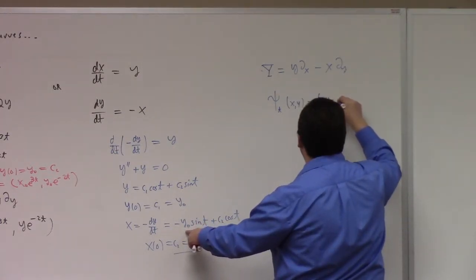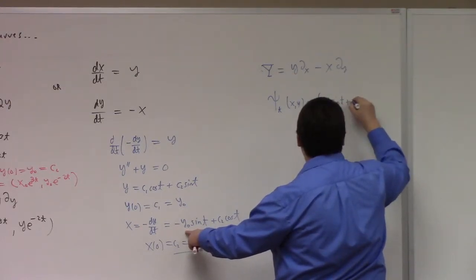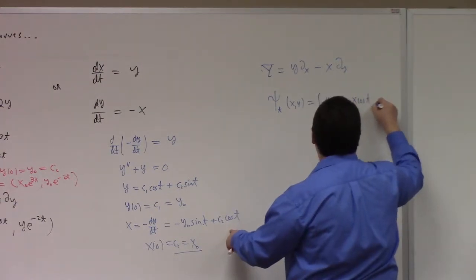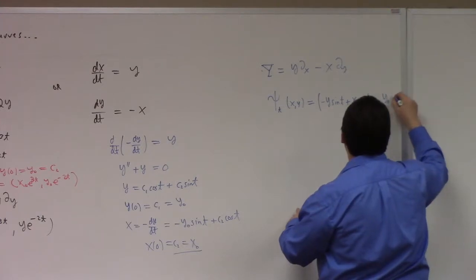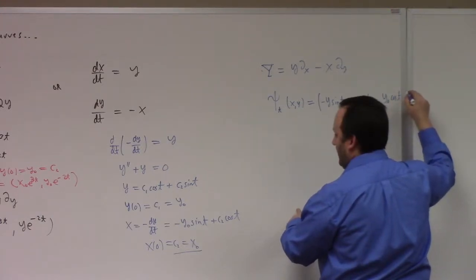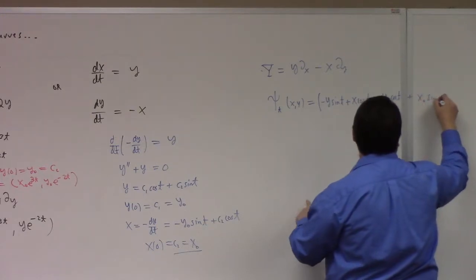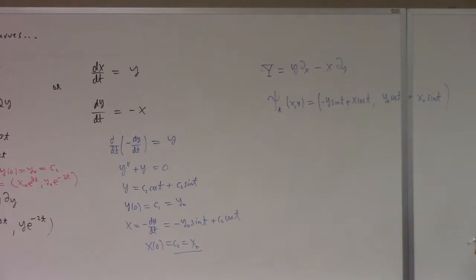Minus y sine t plus x cosine t, and then my y was y naught cosine t plus x naught sine t, I think. Did I get it backwards?